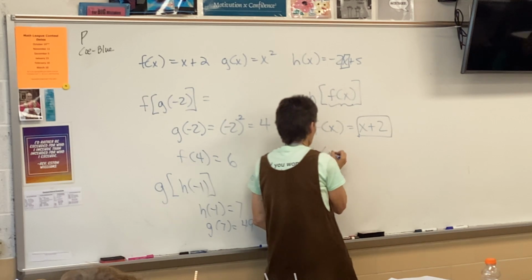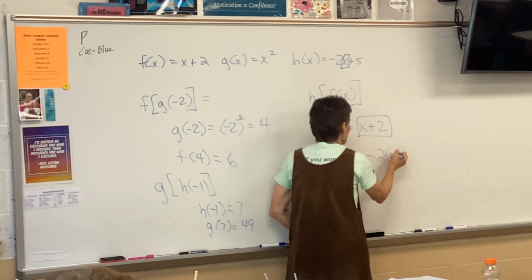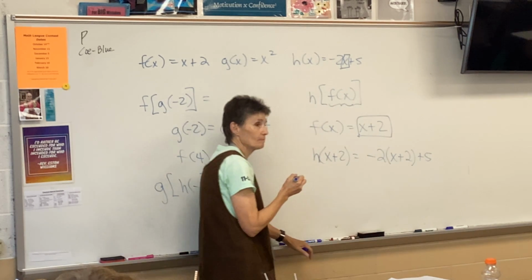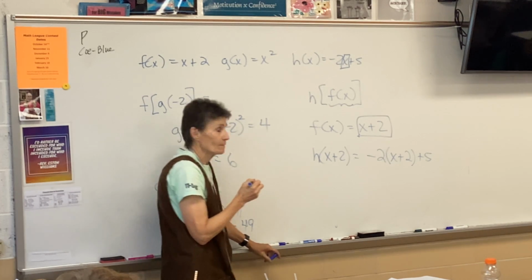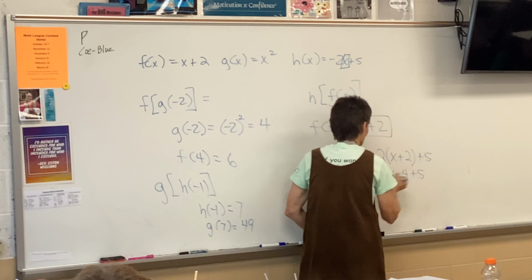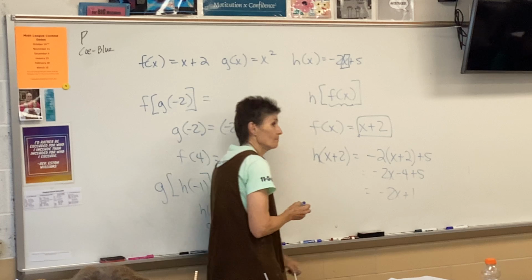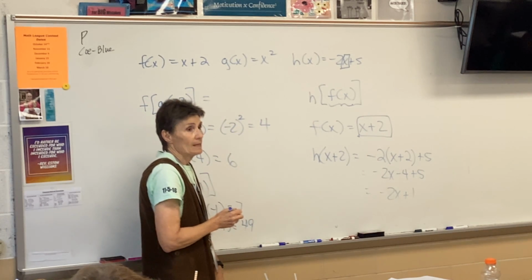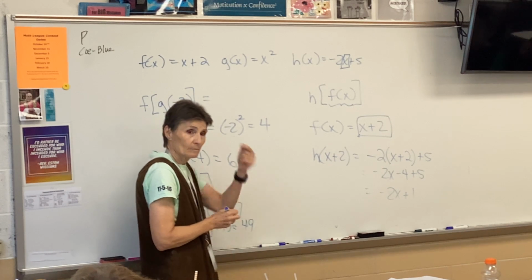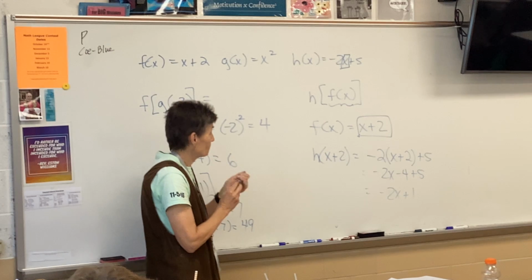So we're going to have -2 times x plus 2, plus 5. So -2x minus 4 plus 5. -2x plus 1. That's the answer to the question. Okay? It's a little bit tricky.